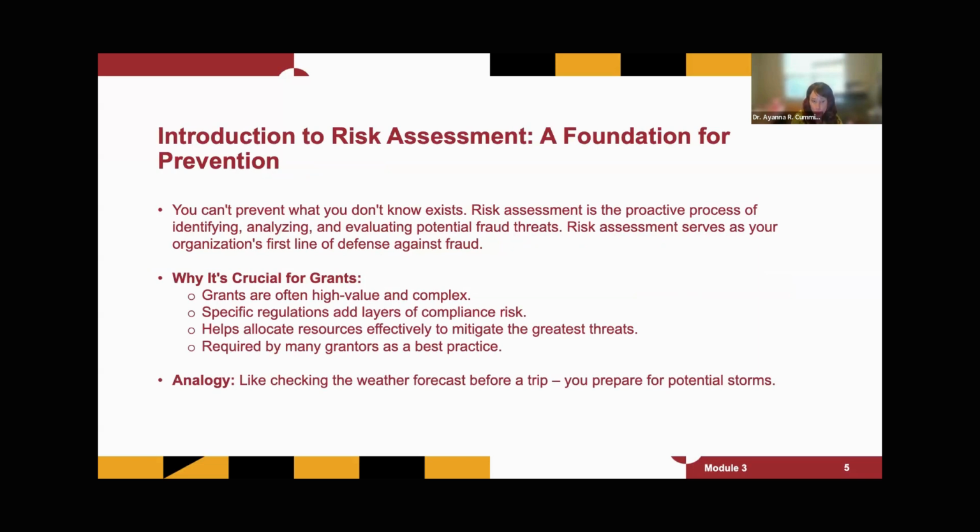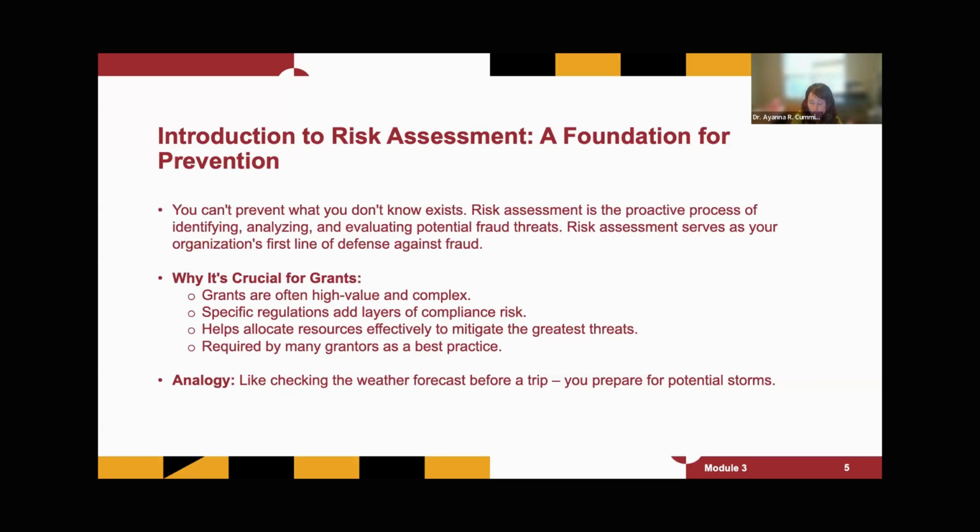It's crucial for grants because we have very high value and complex grants in place through the federal government. There are, of course, specific regulations and regulatory bodies that add many layers of compliance and risk. We also help to allocate our resources more effectively to mitigate the greatest threats when we assess risk and mitigate it.